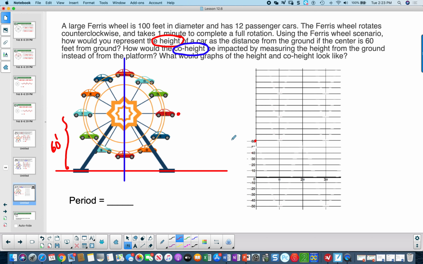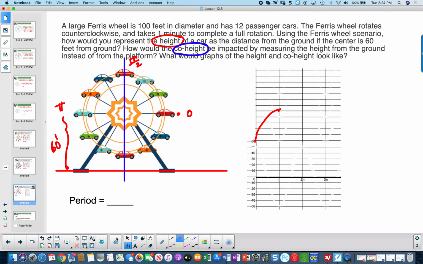So this is at 0 radians. And then if I look at pi halves, it's going to be 60 feet plus another 50 feet, so it's going to be 110. So it'll be right up here. So the car will continue to go up. And then over here at pi, it's going to be 60 feet again.